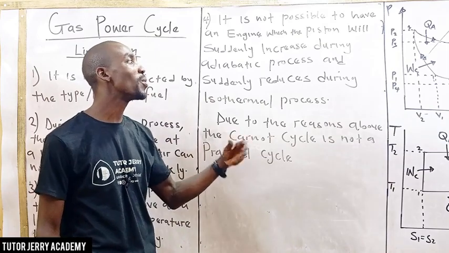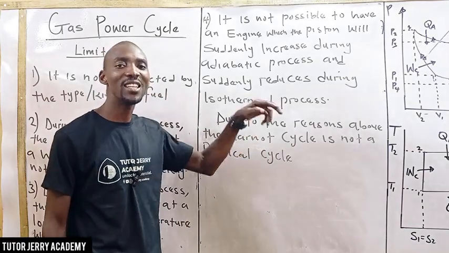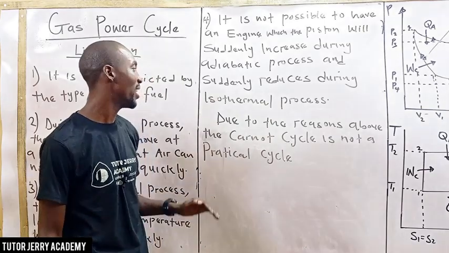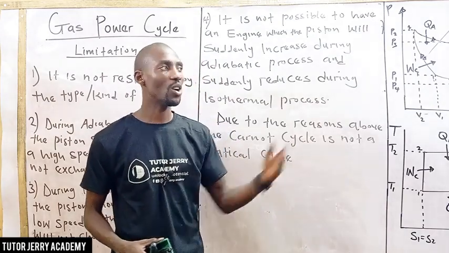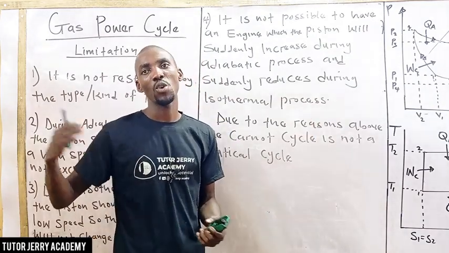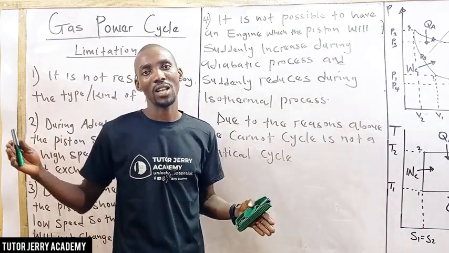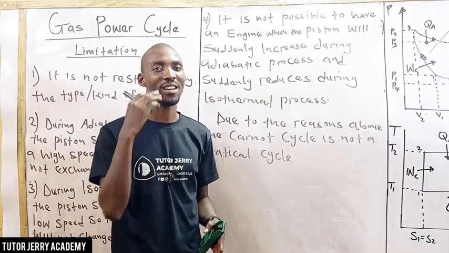There is no cycle whose efficiency can be more than the Carnot cycle. The Carnot cycle gives the maximum efficiency. The efficiency of other cycles is compared with the Carnot cycle, and they cannot be equal to or greater than the efficiency of the Carnot cycle.